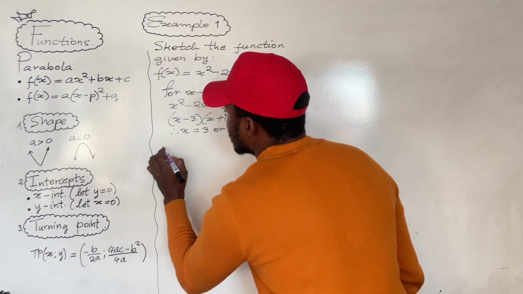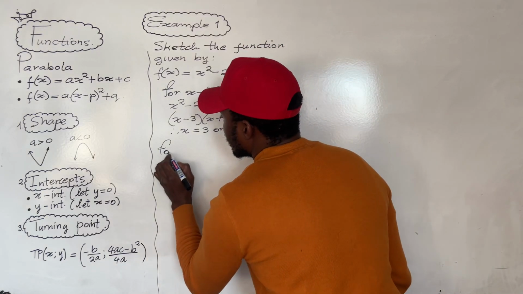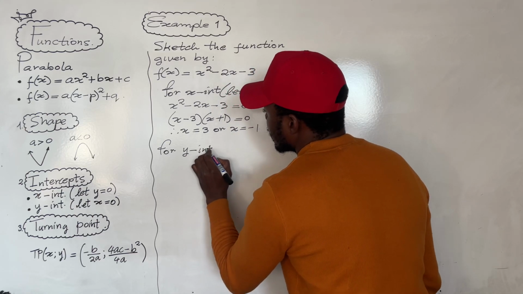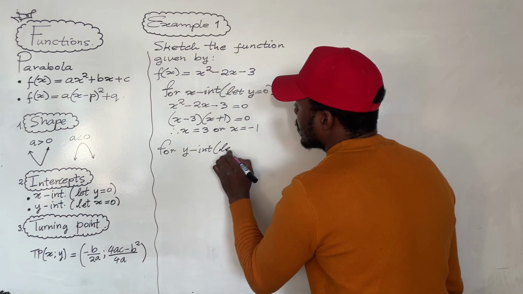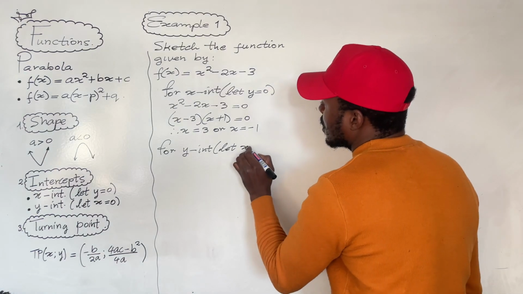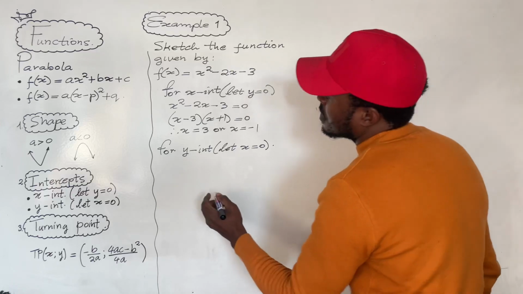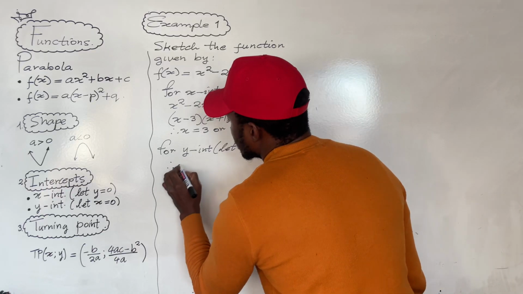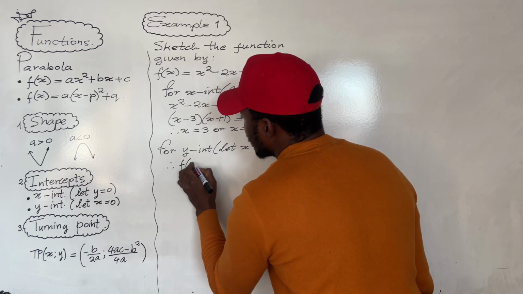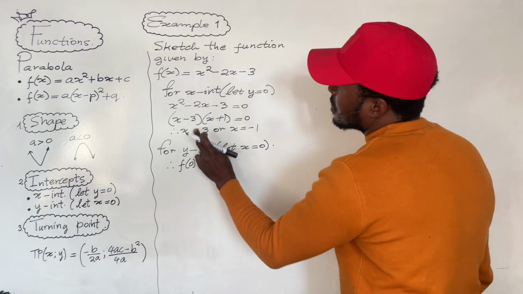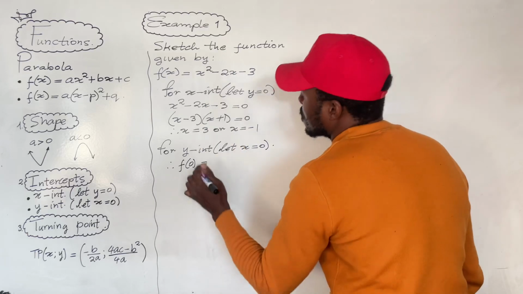Therefore, for your y-intercept, you say let x equal to 0. This implies that f of 0 will be equal to, where you see x, you substitute your 0.